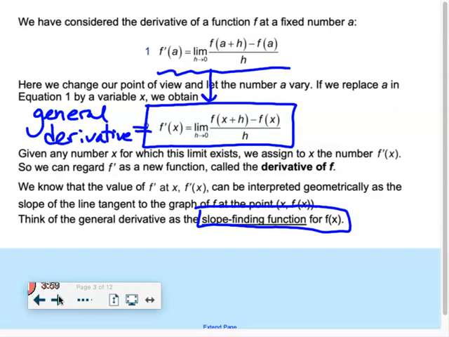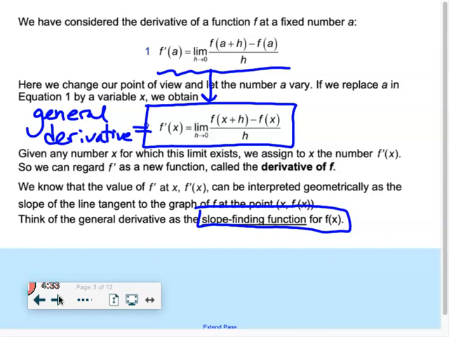When you have your derivative function, your input is still x, but your output is the slope of the graph at that point. It's not a point on the graph, it's the slope of the graph. Do you understand the difference? If you have a graph of f of x, then you plug in an x, you get out the y, which is a dot on that graph, right? If you have an f prime, you plug in the x, and then your answer is the slope of the graph at that point.